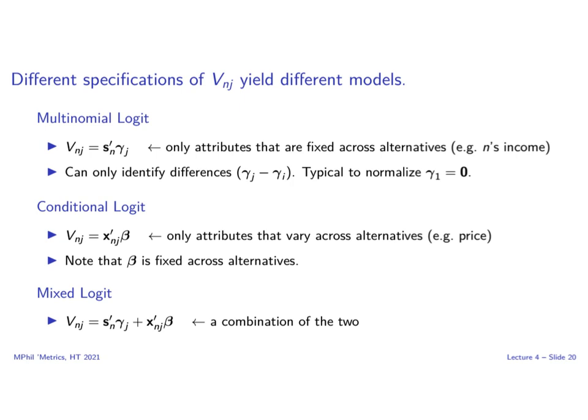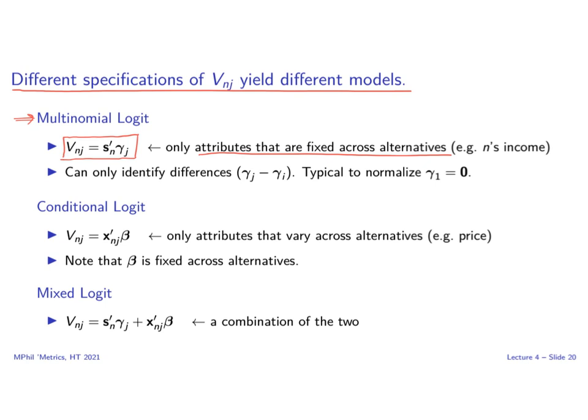By specifying the representative utilities v n j in different ways, the theorem from 2 slides back allows us to construct a number of popular discrete choice models for settings with more than 2 alternatives. Here we will focus on 2 of them. The multinomial logit model arises when all attributes are fixed across alternatives, so that v n j is equal to s n prime times gamma j.